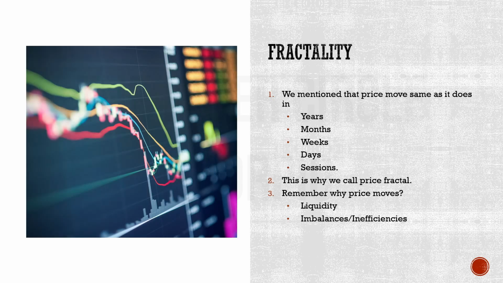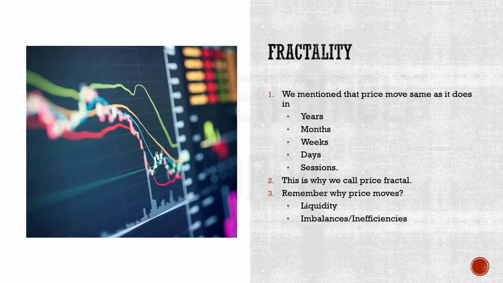Now, in the previous lecture, we mentioned how the price moves in years, months, weeks, days, and sessions, and however it moves, you can see that in the lower time frame, and that's why we call price fractal. Price is called fractal because it moves similarly in all of those time frames.